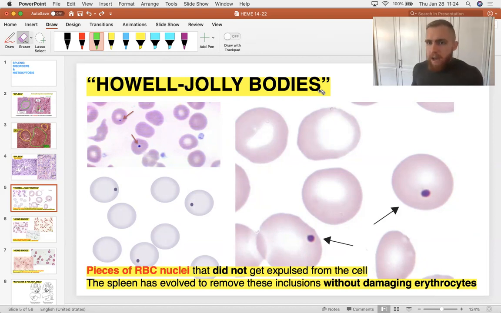Sometimes you spit out 90% of it, but 10% stays behind. That's what the Howell-Jolly body is. When one of these cells with an inclusion rolls around to the spleen, the spleen just grabs it and takes it out. So if you see these red cells in a peripheral smear, and very many of them have these Howell-Jolly inclusions, they're just little dots, you can infer that the spleen is not functioning.